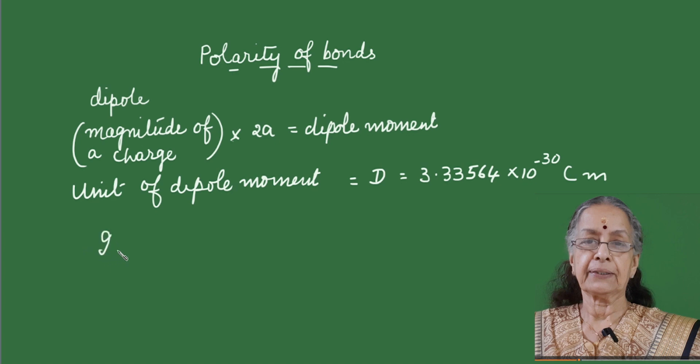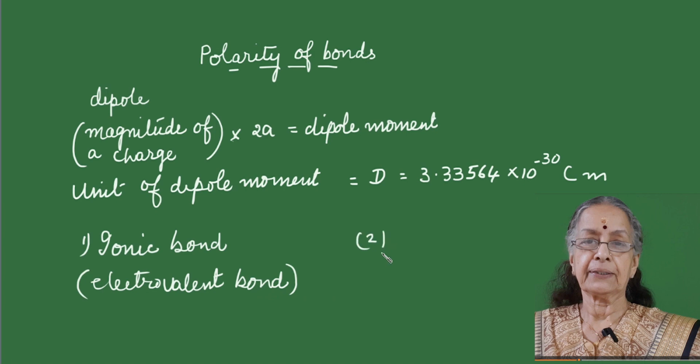We have familiarized ourselves with two types of bonds. Ionic bond, which is otherwise called electrovalent bond. Another one is covalent bond. Ionic bond or electrovalent bond is formed by transfer of electron from one element to the other, and normally bonds between a metal and a non-metal.